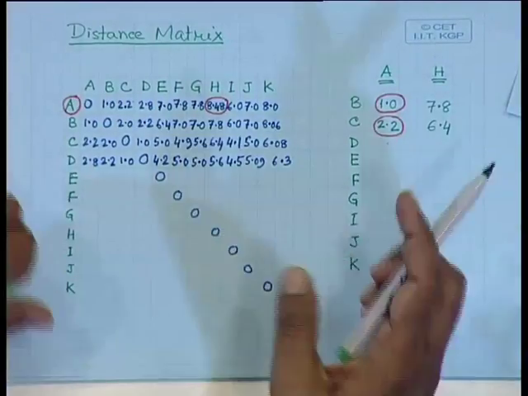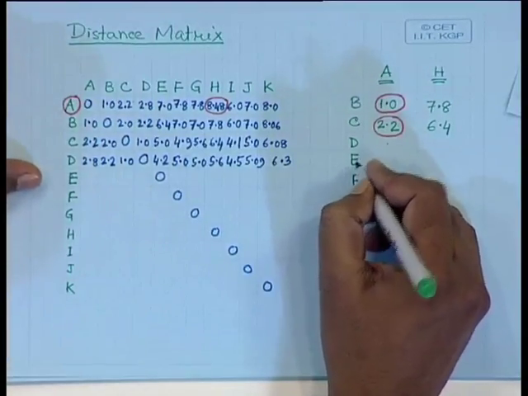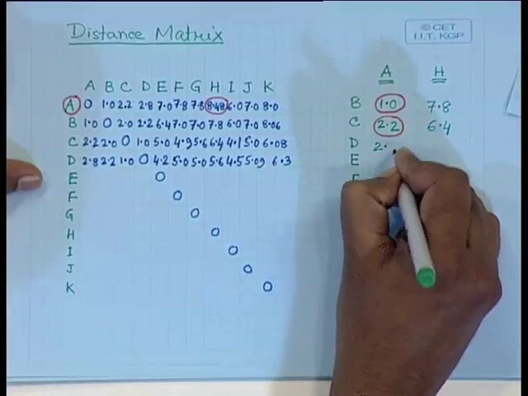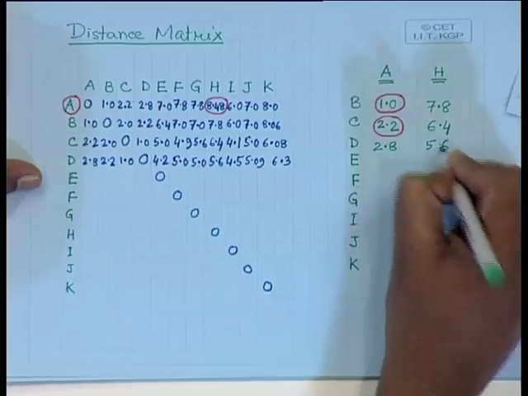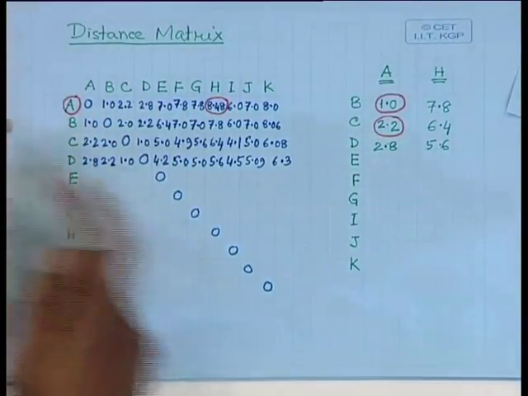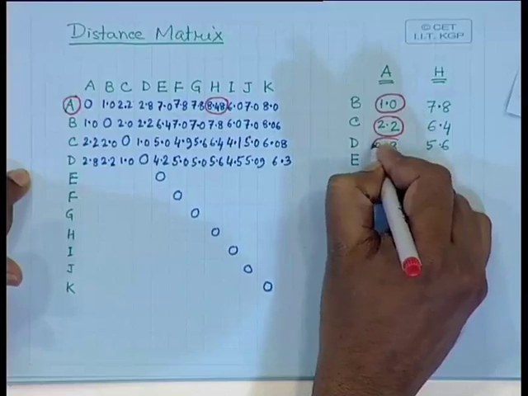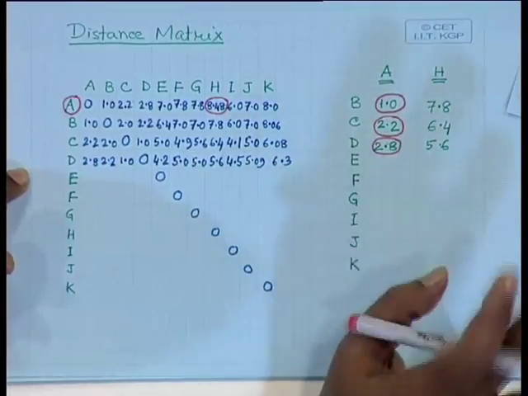Between D and A and D and H, the distances are 2.8 and 5.6. Okay. Again the minimum distance is 2.8, because I am always considering the minimum of this pair of distances.